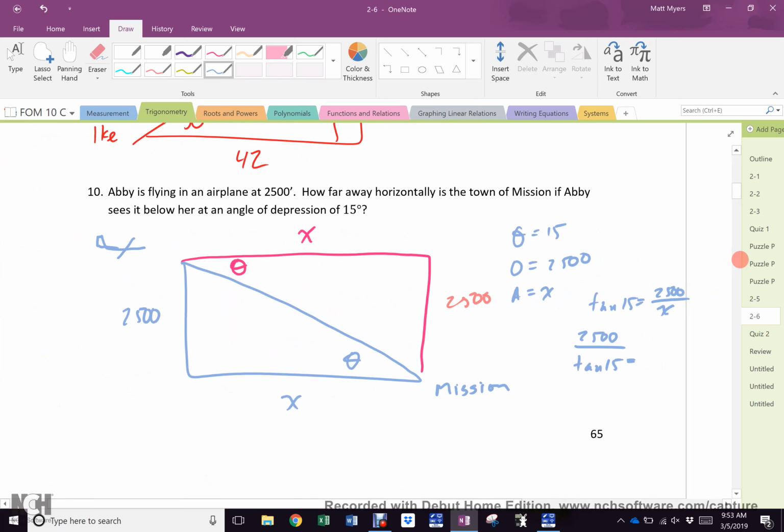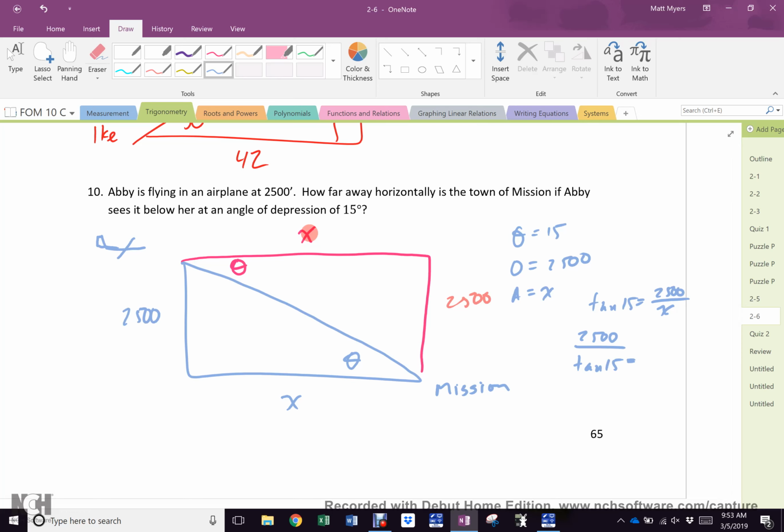Pardon me? The value of tan 15, I don't know. The value of tan 15 is going to be 2,500 divided by whatever x is. Because I too do not have them memorized because there's no need. My calculator knows them. Now, back in the day, when your grandparents were doing trig at school, they didn't have calculators. They had a chart.